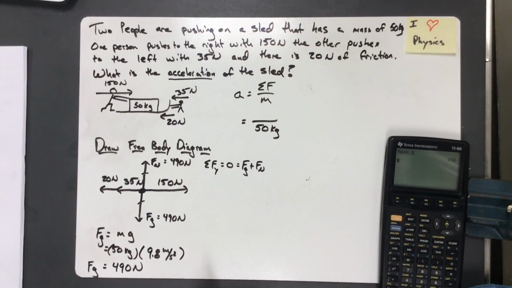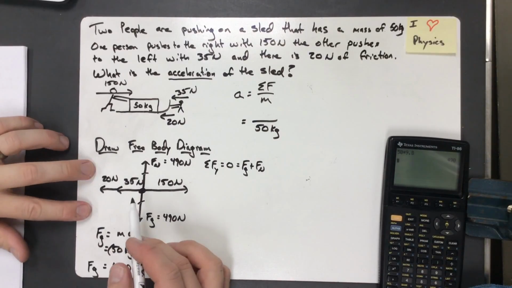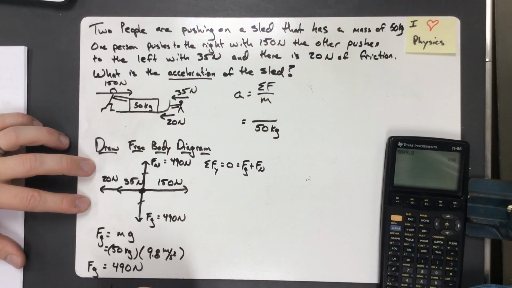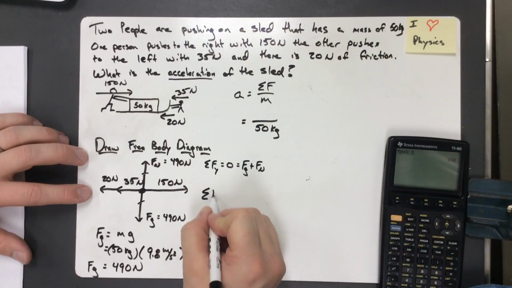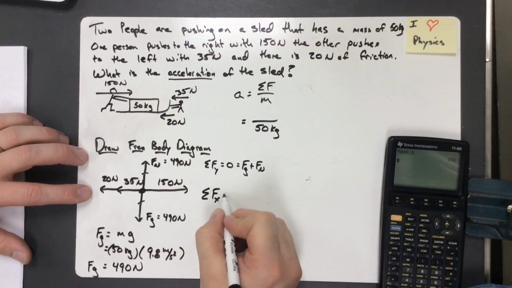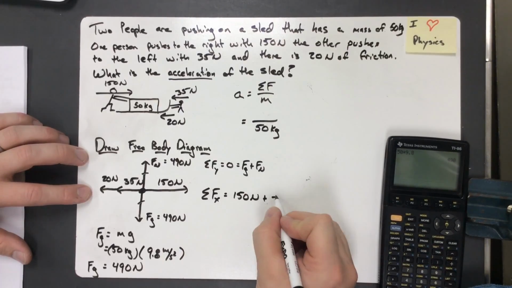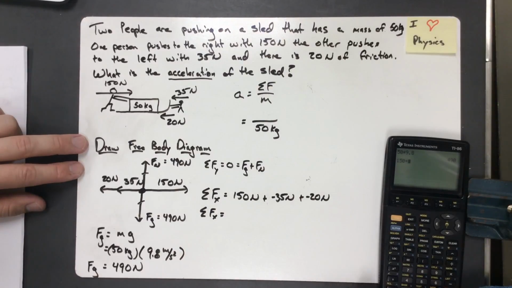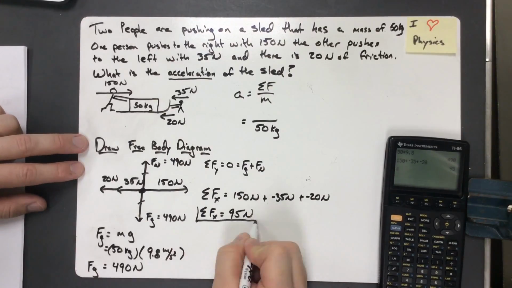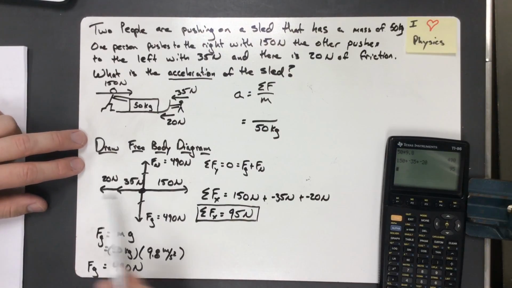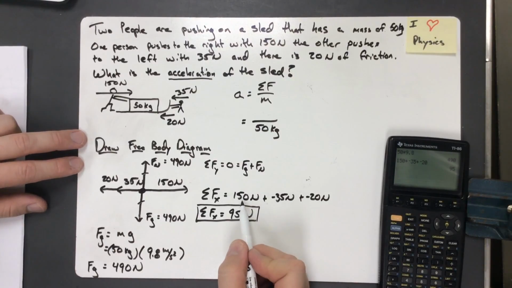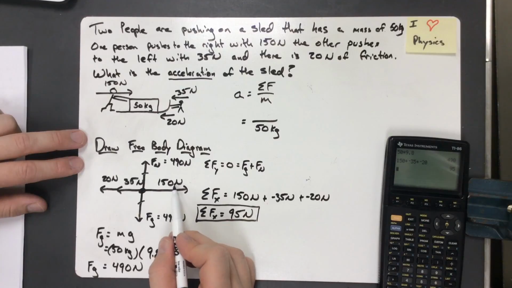Okay. So now what we need to do is figure out the net force. Since these two cancel off, the only forces that we have left over are going to be in the x direction. So let's go ahead and figure out what the net force is in the horizontal x direction. To figure this out, I use my force equation in the horizontal x direction. 150 newtons is going to the right, so that's positive.